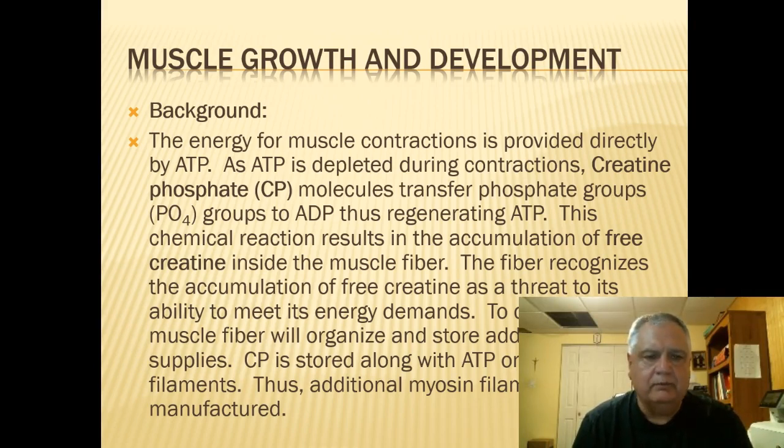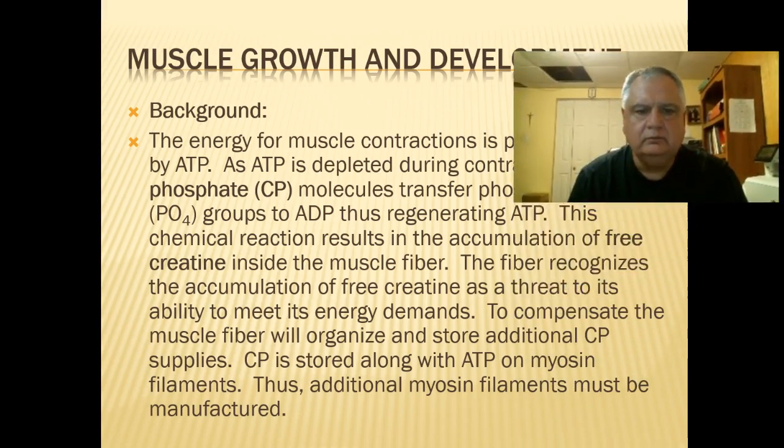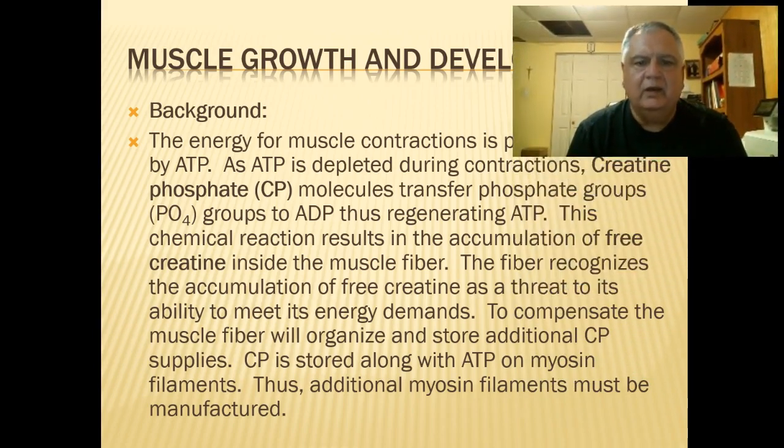By and large, you should just be able to follow this along. So the energy for muscle contraction is provided directly by ATP. We saw that in the previous animation on the sliding filament hypothesis. But as ATP is depleted during contractions, it has to be resupplied, restocked, reorganized, so to say. Now, how is ATP reorganized?